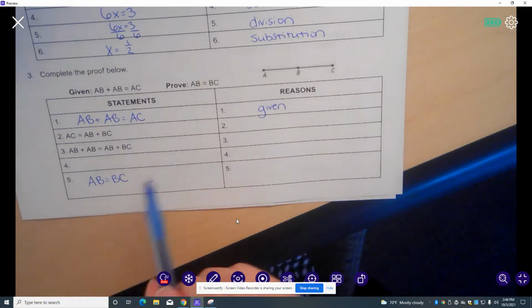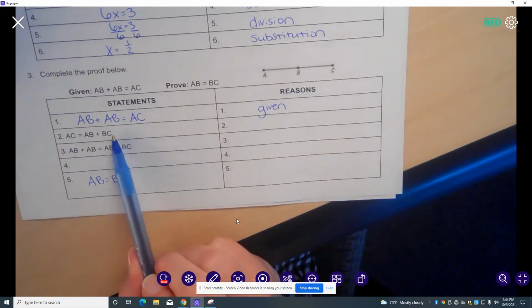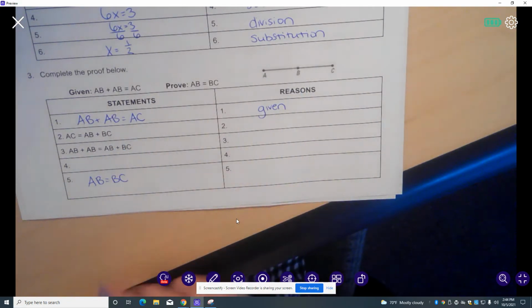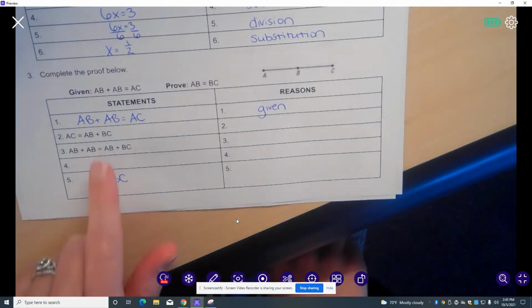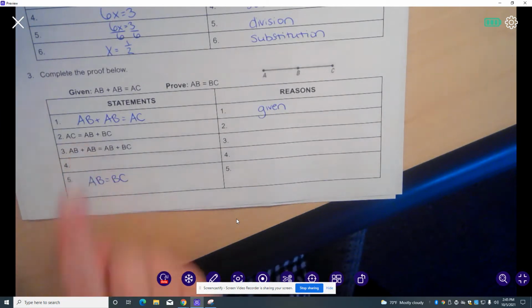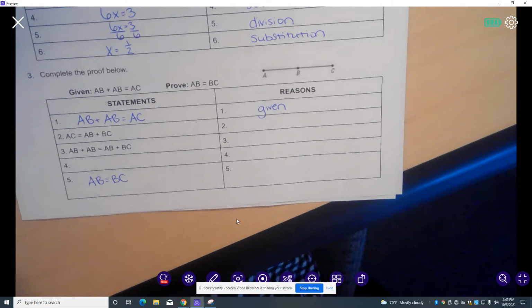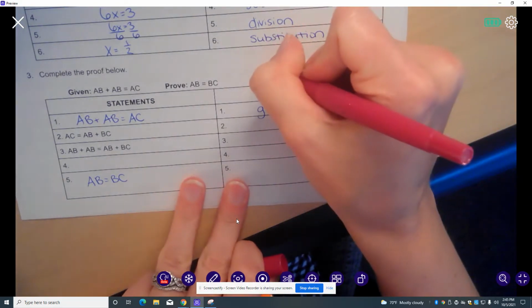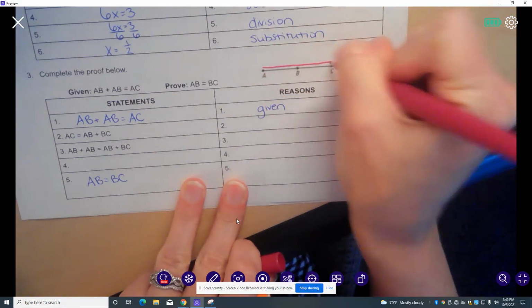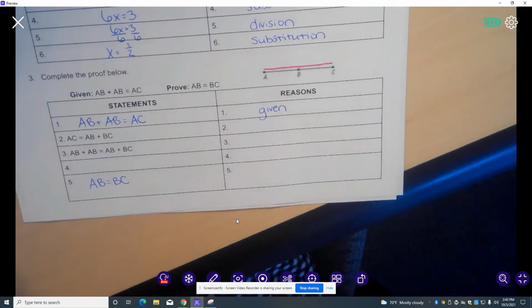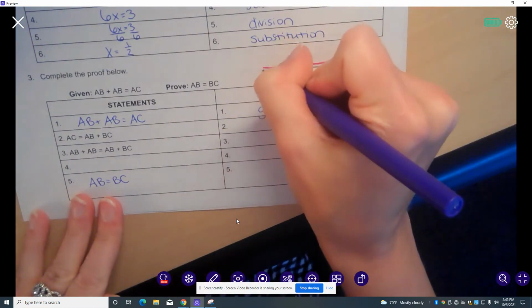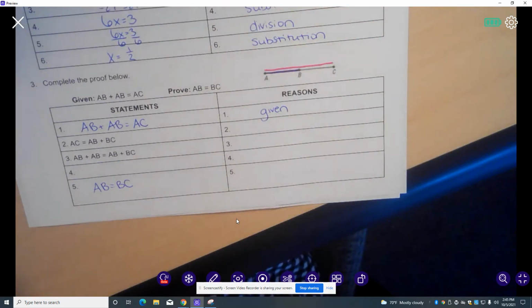Remember, it's important to use the picture as you're looking through these equations to try to figure out what your reason is. So if I look at statement 2, it says AC, which is the length of my entire whole line segment, is equal to AB plus BC.